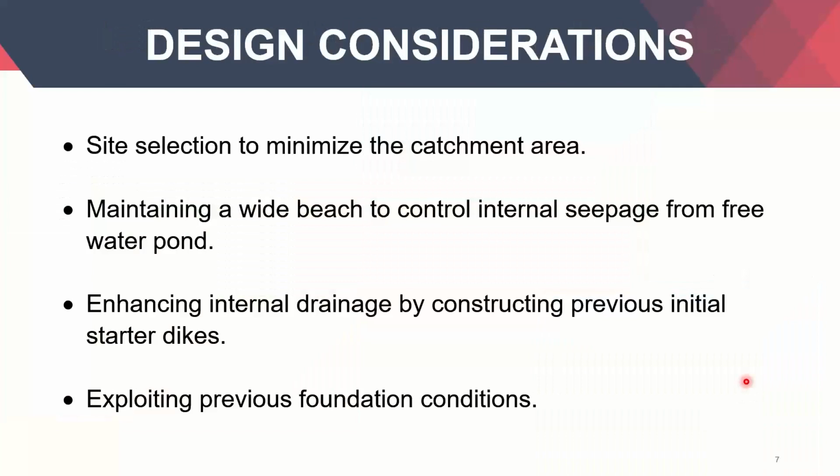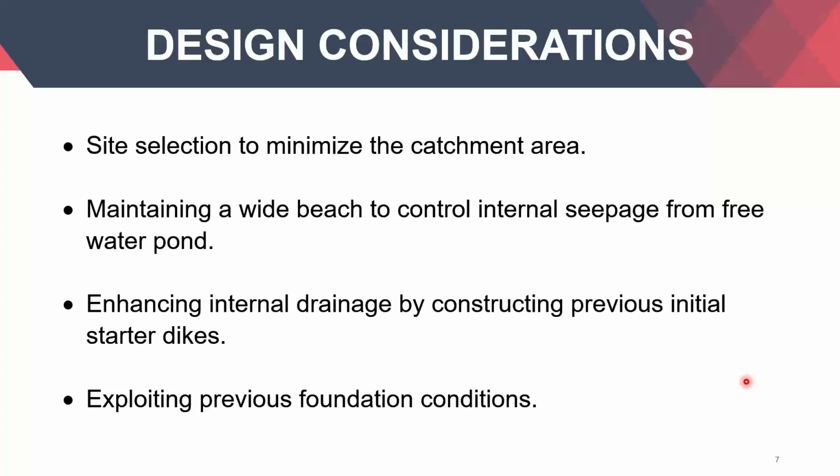In terms of design considerations, we also have to take economics into account, along with the choice of the storage area or how much containment has to be done. That is why the first thing is to ensure that you select a size where you can reduce the catchment area.